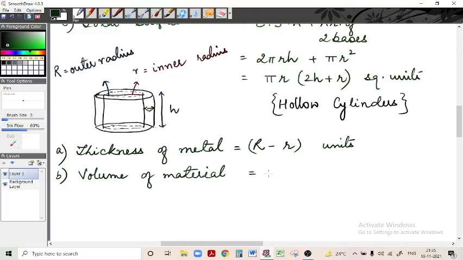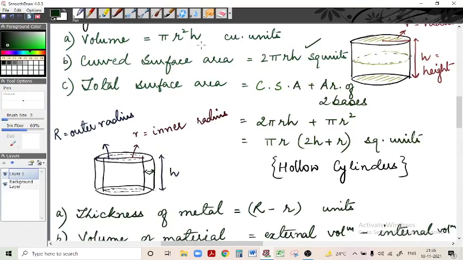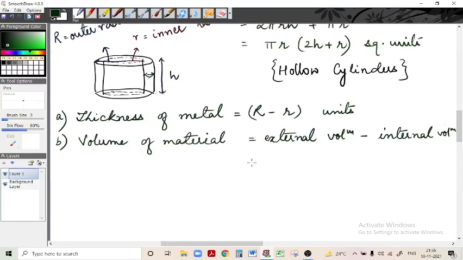Volume of material will be external volume minus internal volume. What is my external volume? The formula is going to remain the same, pi r square h. So in case of external volume, I will write pi capital R square h. h is not going to change, only the radius will change.